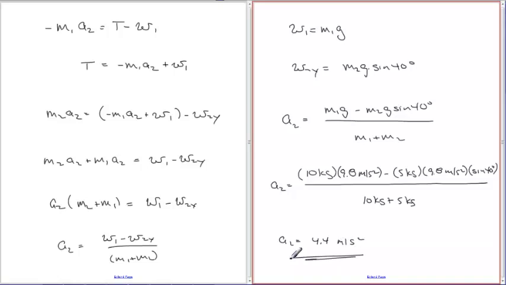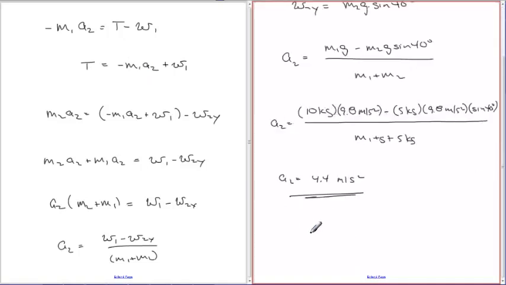So that's the acceleration. And then if we want to find the tension, we can go back to any one of these equations. So we'll use that one. So the tension is equal to negative M1, which is 10 kilograms, times A2, which is 4.4 meters per second squared, plus W1.